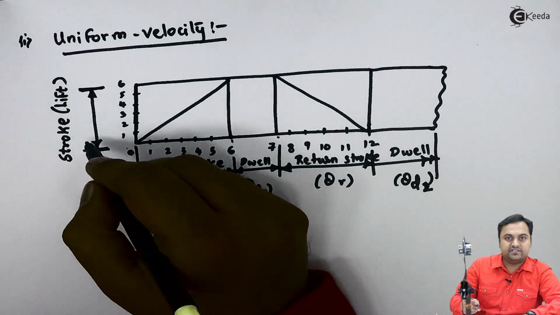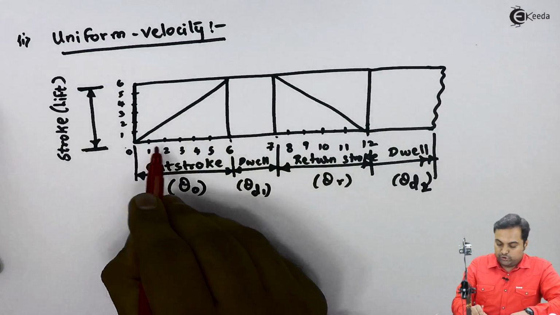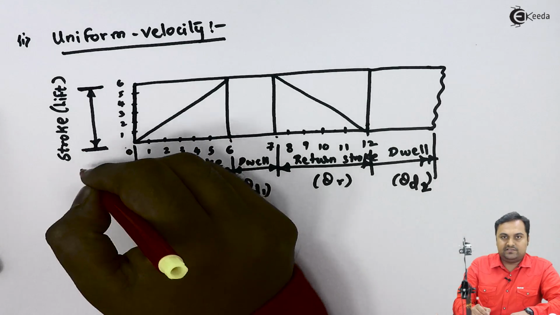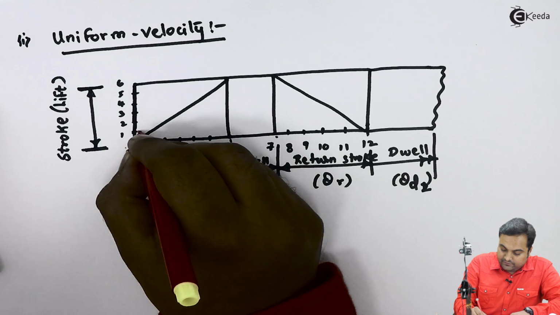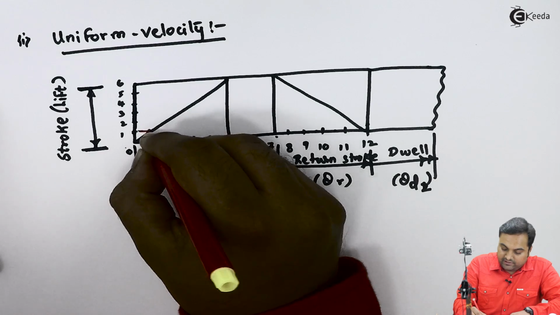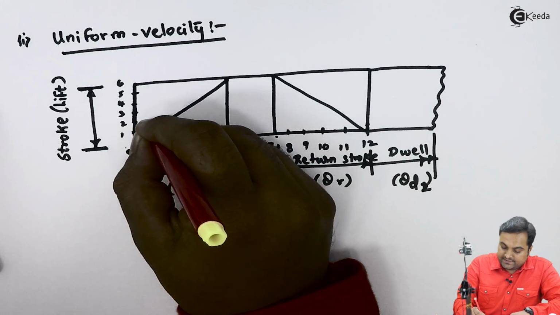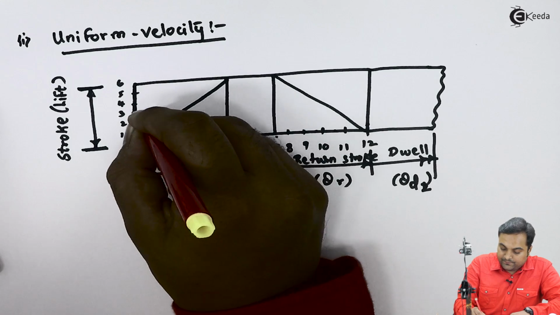So if the lift is given, we will plot it on the vertical axis. The outstroke will be divided into an equal number of parts as the stroke length, and then we will pass the first division from the horizontal line and then the vertical line, and we will get the first point. Next, the second division, we will get the second point.